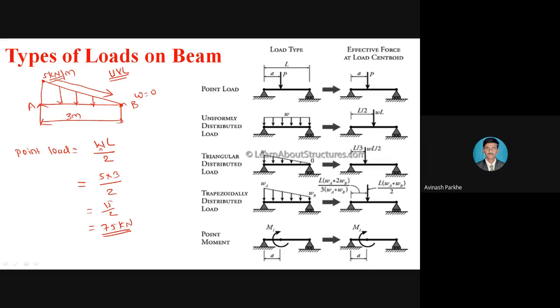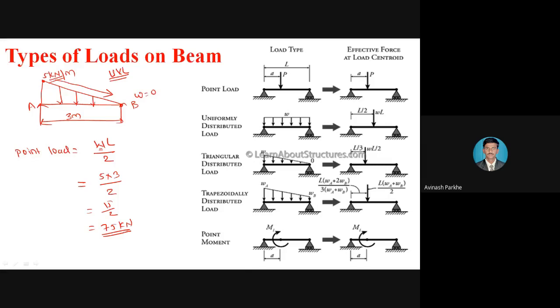So these are the two important conditions which we have to understand, because if we are not converting that UDL and UVL into the point load, and we take their magnitude as it is for the shear force calculation and for the bending moment calculation, your calculation will be wrong, your SFD and BMD will also be wrong. Therefore, if the point load is given, take that point load as it is for the calculation.